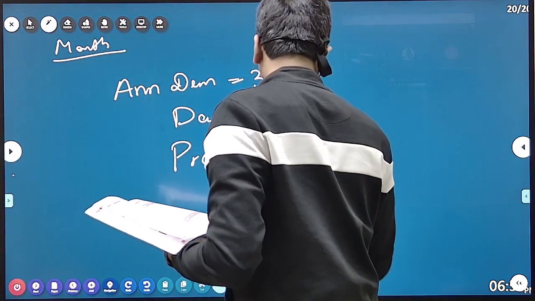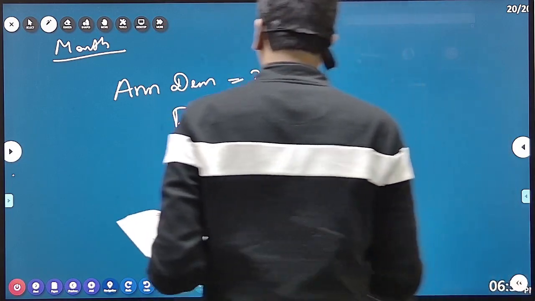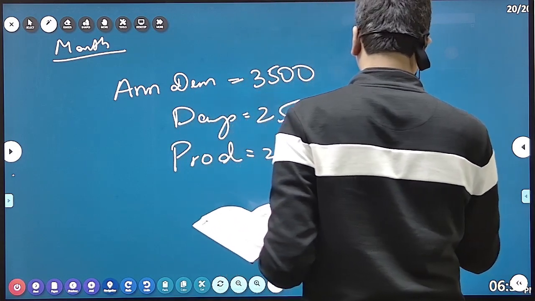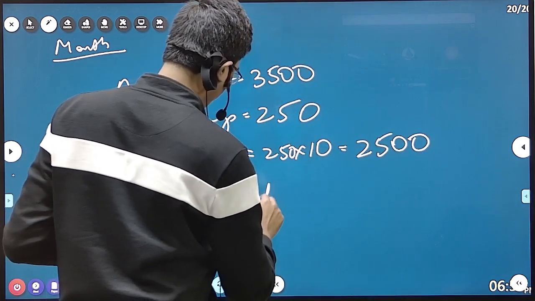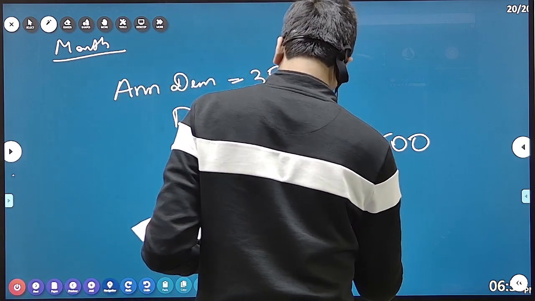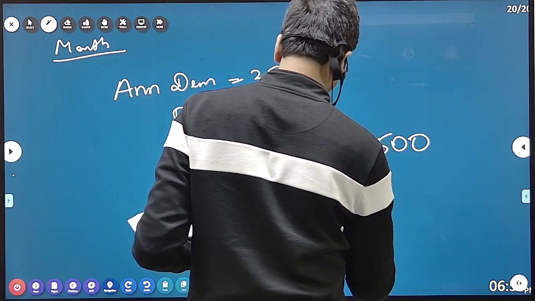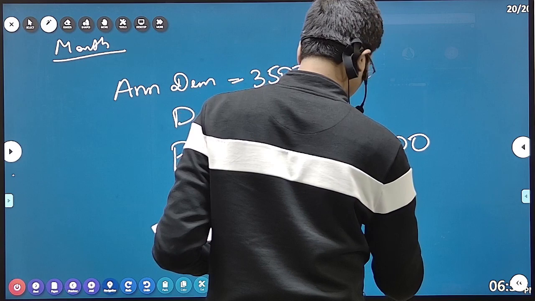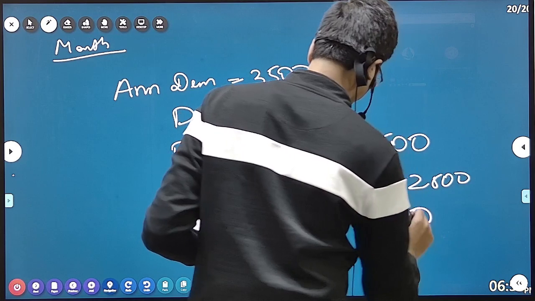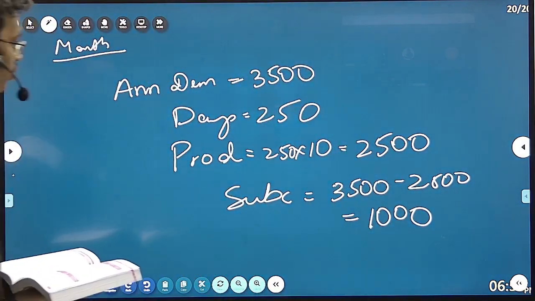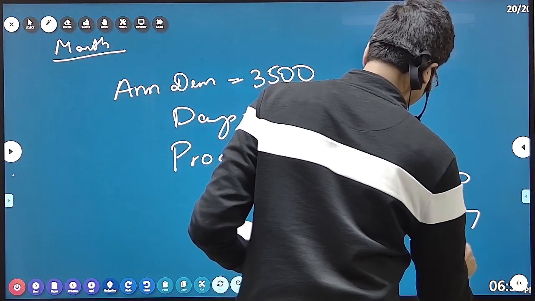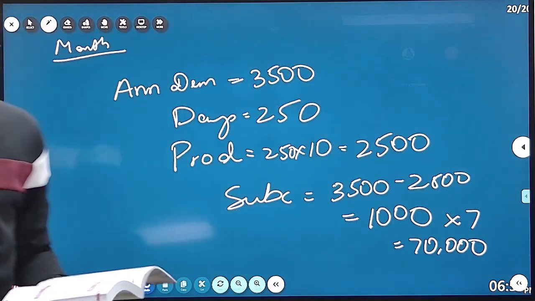So that is 2500. So the number of units for subcontracting will be 3500 minus 2500, this is 1000. Okay, so the cost would be 1000 into 7, right? That is 7,000. This is the additional cost.